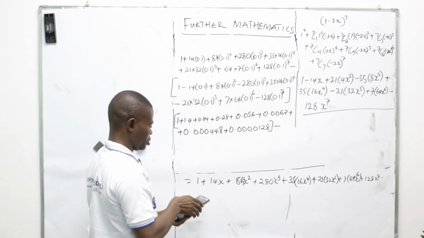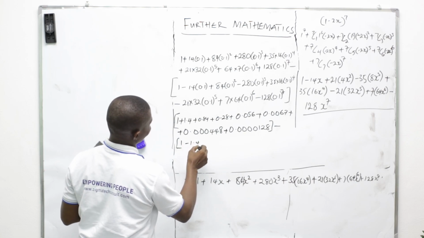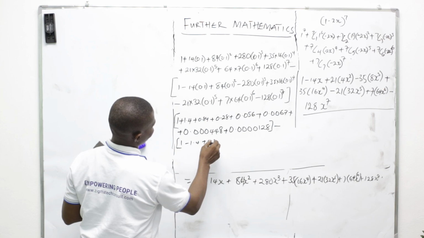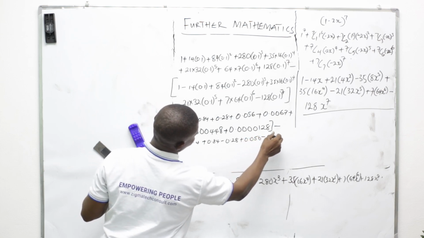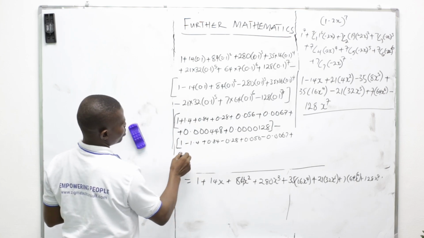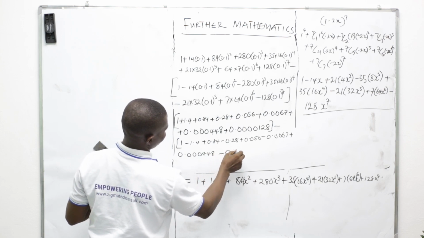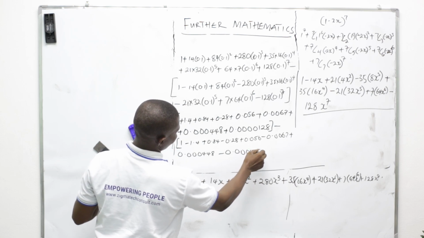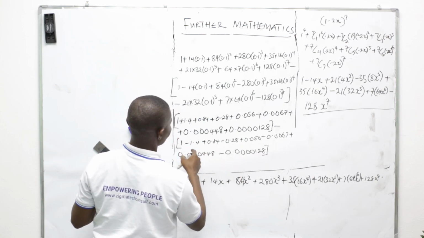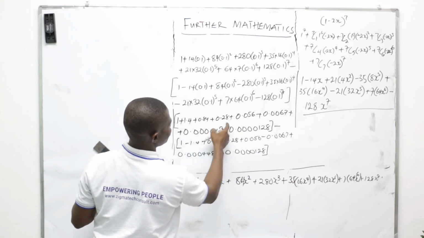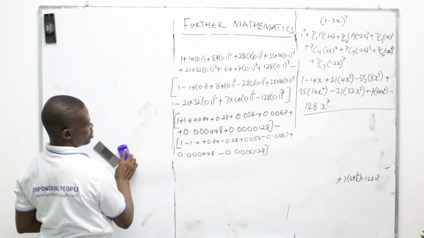Let's add this. 1 minus 1.4 plus 0.84 minus 0.28 plus 0.056 minus 0.0067 plus 0.000448 minus 0.0000128. Okay, now let's simplify it down.